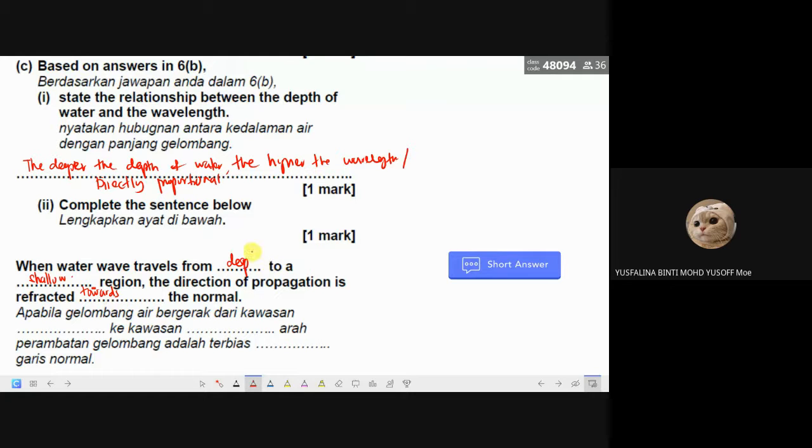If you put a shallow area to a deep area, what's the answer? The direction of the propagation is refracted away from the normal. So it depends which one you use. If you said deep to shallow, the answer should be towards. If you answered shallow to deep area, the direction of propagation should be refracted away from the normal.